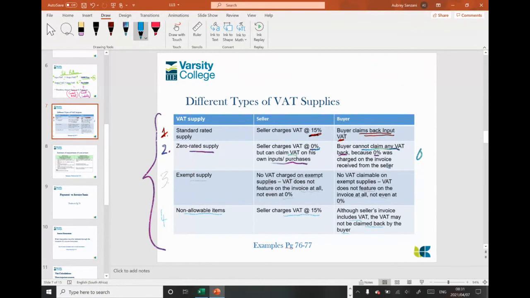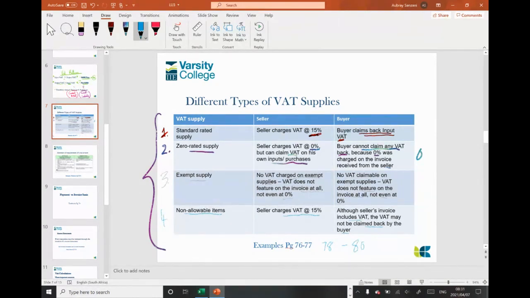Now, if you read from pages 78 to pages 79, in fact, let me actually say pages 80.